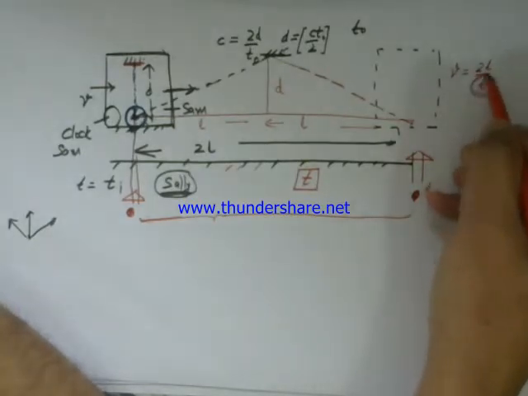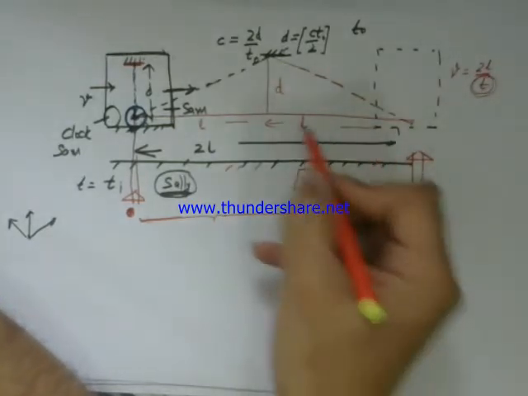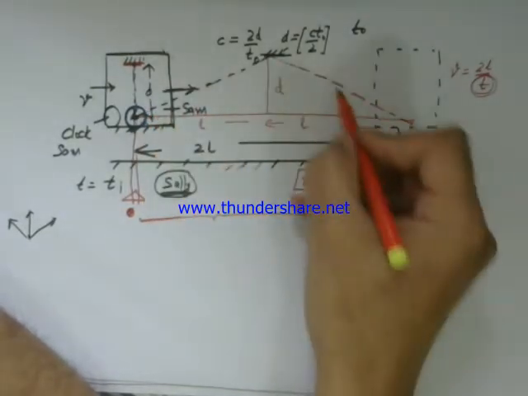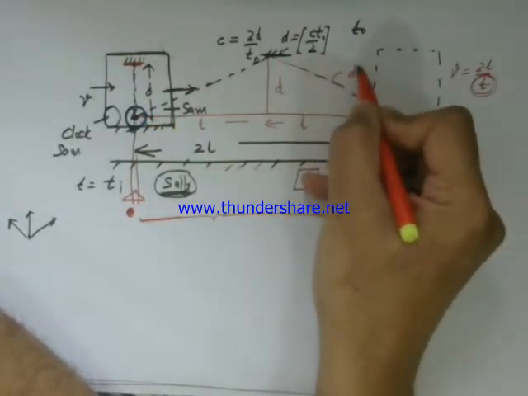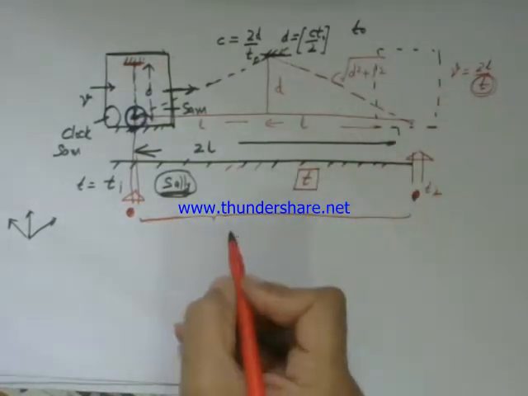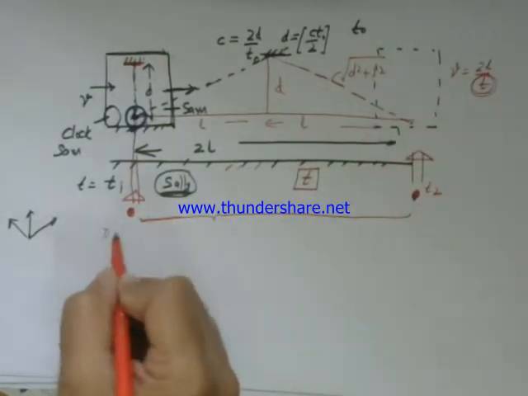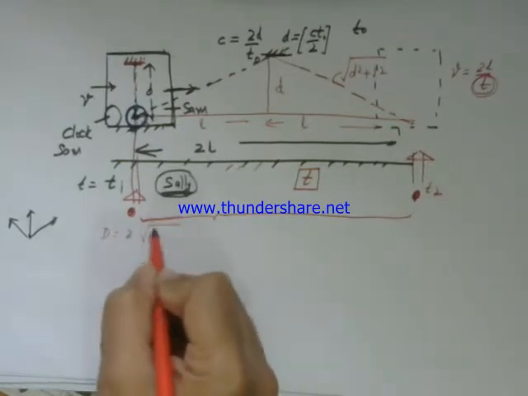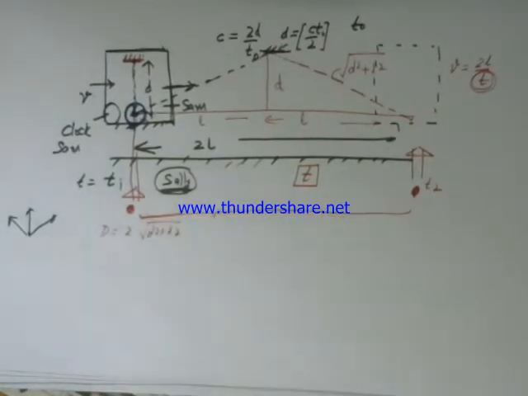The time is t. Now see what is the distance traveled by light. It will be the square root of d square plus L square. So distance traveled by light is twice root d square plus L square.